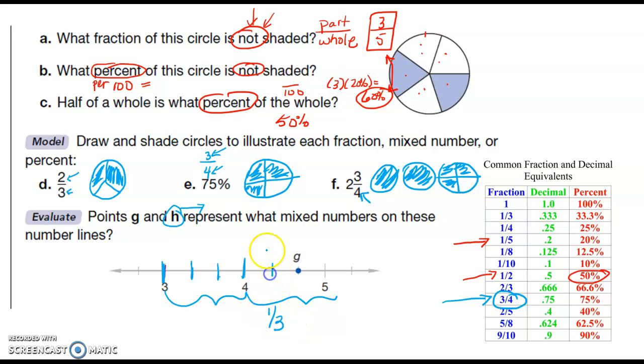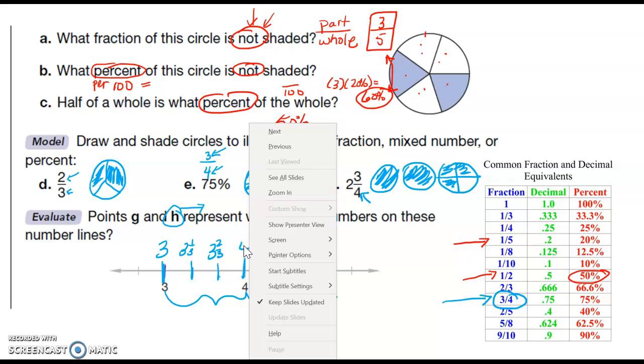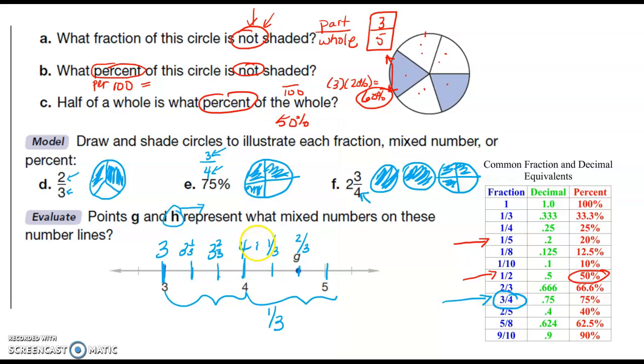Okay, so this is going to be 1/3, this is 2/3, and then this is the next whole number. Okay, so here I have 3. I have 3 and 1/3. I have 3 and 2/3, and then I have 4. Oops. So here I have 4 and 1/3, 4 and 2/3, and 5. So this is our answer here.